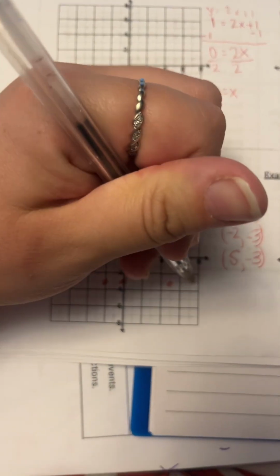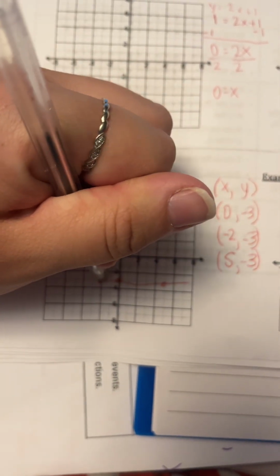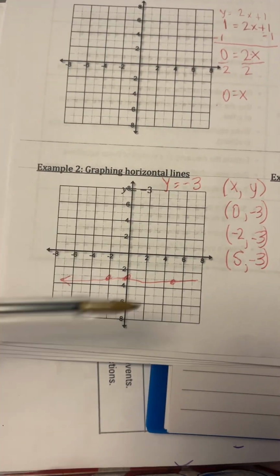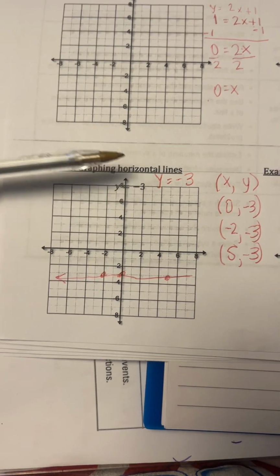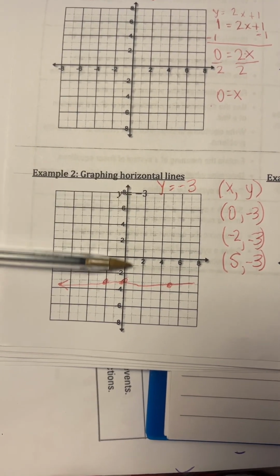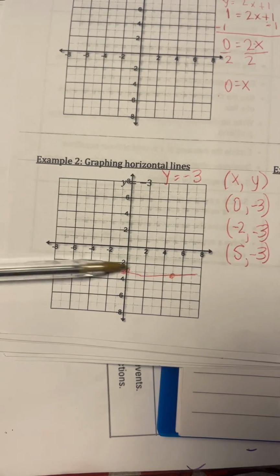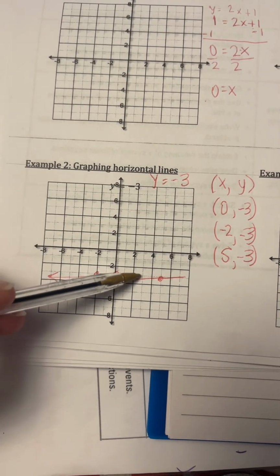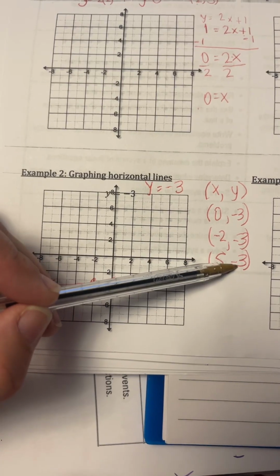And what you see is a horizontal line, excuse my hand, okay, a much straighter line than that, use a ruler. Okay, a horizontal line at -3 along the y-axis. So we find the -3 on the y-axis, and we've got a horizontal line here because every single point that makes up this line has a y of -3, right?